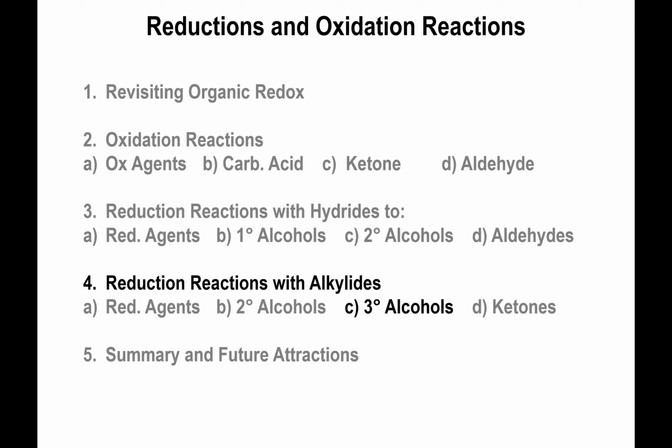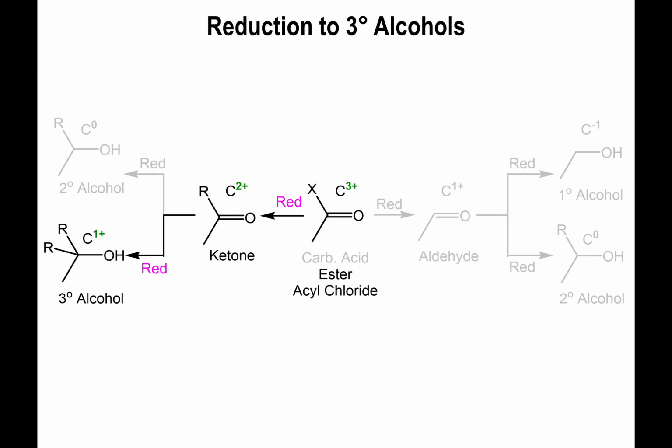But this brings us to the tertiary alcohols. In fact, there's a number of ways that we're going to be able to form tertiary alcohols with the various alkyl reagents that we've talked about so far. So we're going to start with the ester or acyl chloride for the matter, and we're going to see how we can make tertiary alcohols out of it.